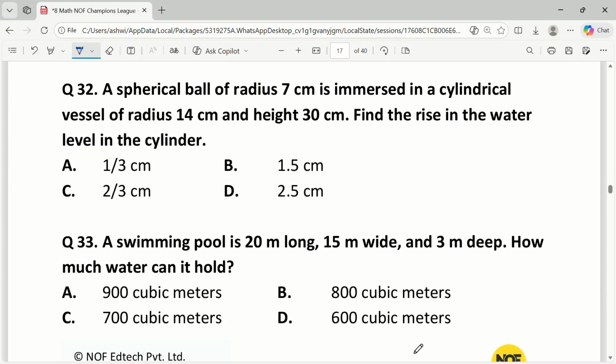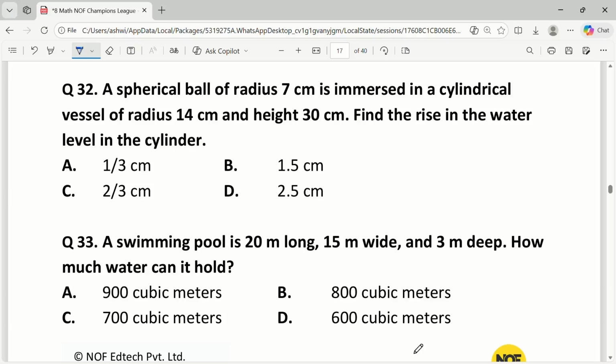Question 32. A spherical ball of radius 7 cm is immersed in a cylindrical vessel of radius 14 cm and height 30 cm. Find the rise in water level in the cylinder. When a sphere is immersed, the volume of the water displaced in the cylinder is equal to the volume of the sphere. The displaced water forms a smaller cylinder with the same base radius as the vessel, and the height is equal to the rise in water level.